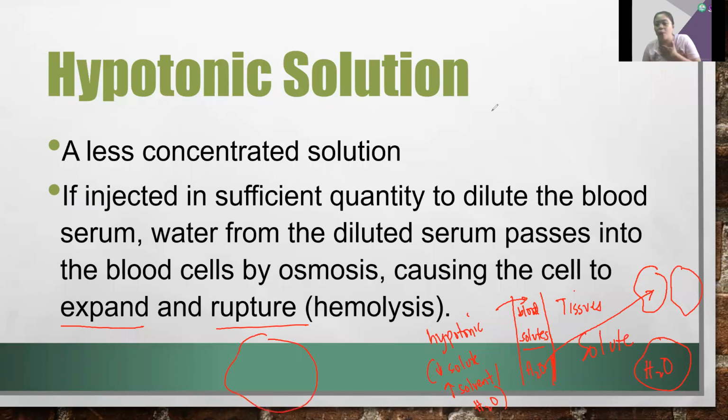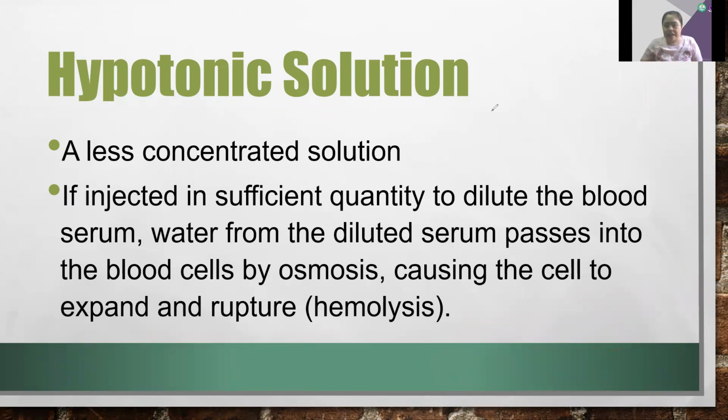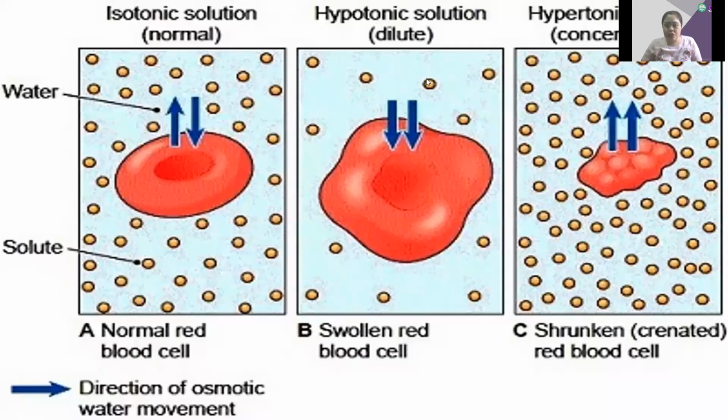So this is why I told you a while ago that as much as possible, we only inject isotonic solutions. We don't just inject hypotonic solutions, because this is what will happen. This is just a red blood cell, my example earlier was outside the tissues, outside the blood vessel. In the blood, we also have cells, the red blood cells.